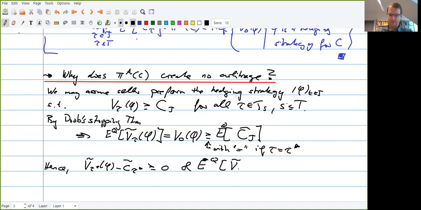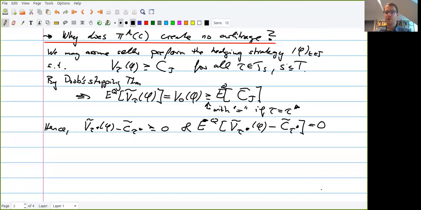If I look at the difference of the value process stopped at time tau star minus the discounted American option exercised at time tau star, this is 0. So we have a non-negative random variable with expected value 0.